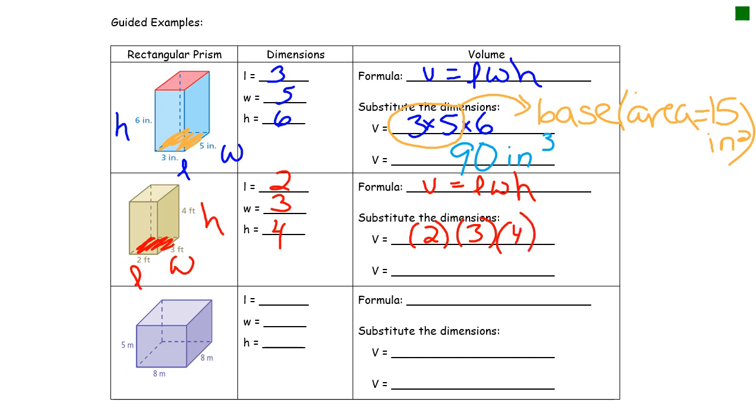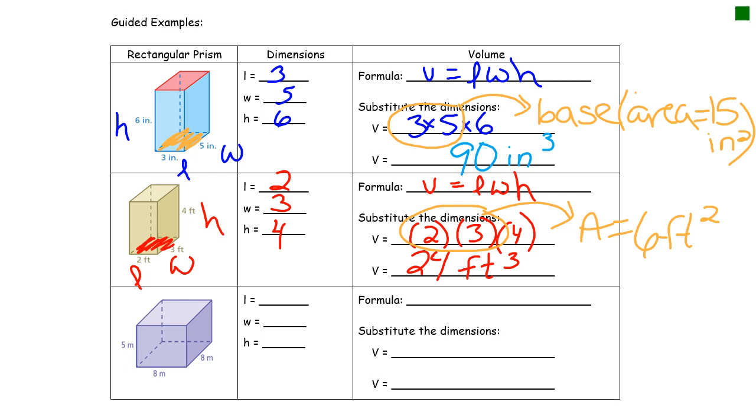So I multiply the 6 times the 4, which gives you 24, and this is feet cubed for my final answer.